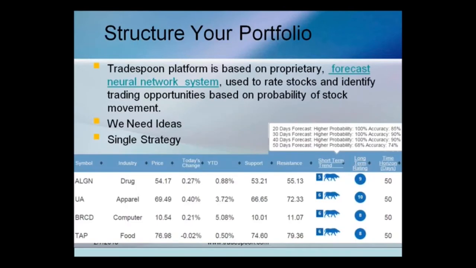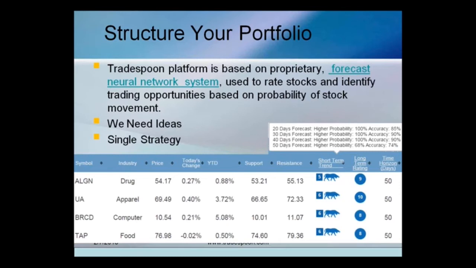It's built on neural networks, and the most common question that I get is, what's the difference between regular technical analysis, looking at Fibonacci retracement, moving averages, and different key support and resistance levels, and the system that you have?